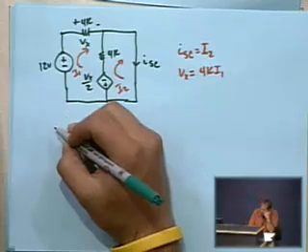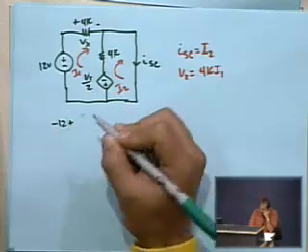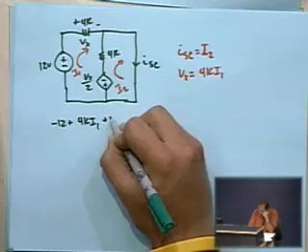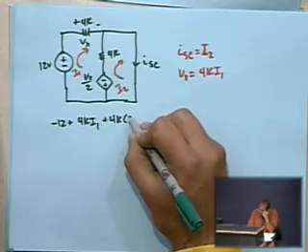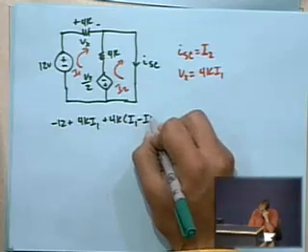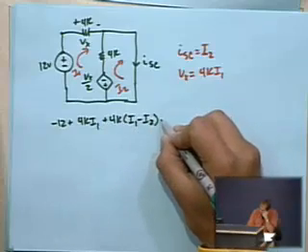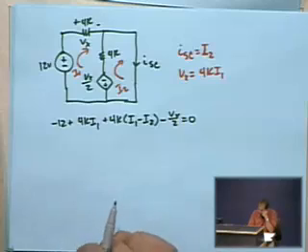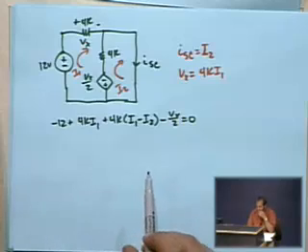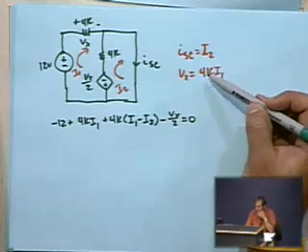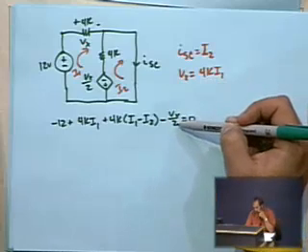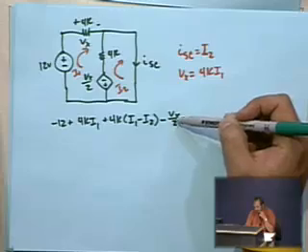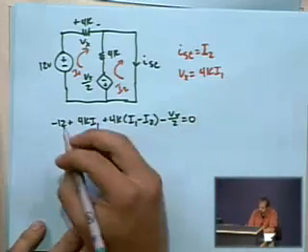So let's write our two mesh equations. We've got negative 12 plus 4K times I1 plus 4K times (I1 minus I2) minus Vx over 2 equals 0. Sticking the information in for Vx, 4K times I1 over 2 leaves us with 2K I1.